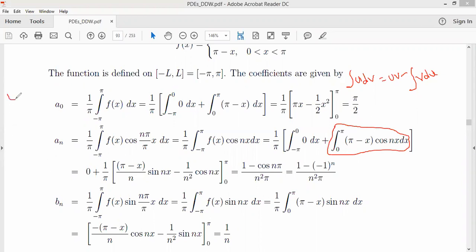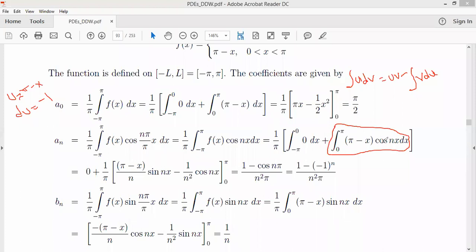So if you let u be pi minus x, what does that imply? It means that du is, differentiating this with respect to x, minus 1. I think we are together there.